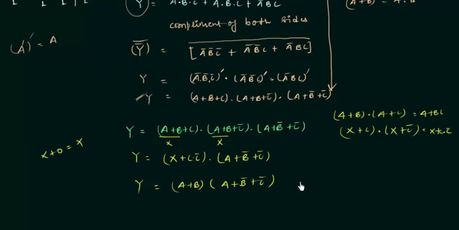Again you can see a is common, so from the distributive law we have a or b, and I have to AND b with b complement or c complement. So let's try to find the function y by the distributive law again.